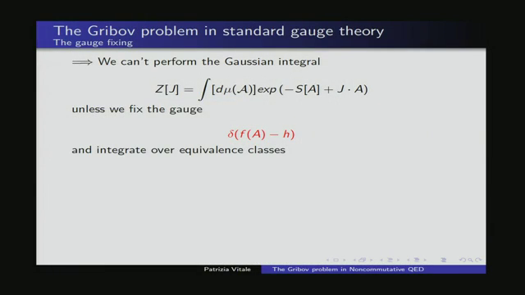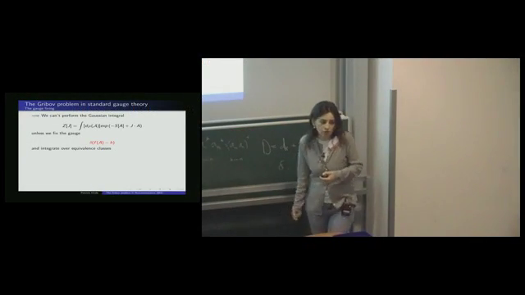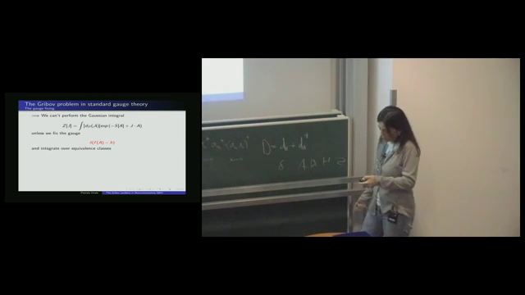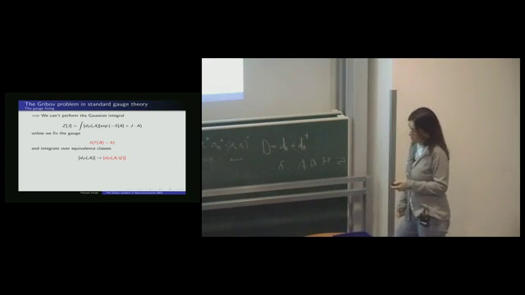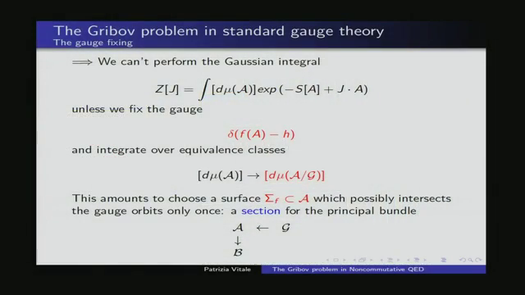And I have to replace the integration measure here, which is over the space of all connections, with an integration measure which is instead on the space of equivalence classes of connections. So the problem that we have is to define this d mu A over G.